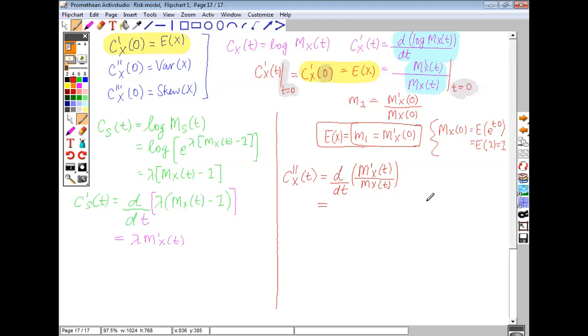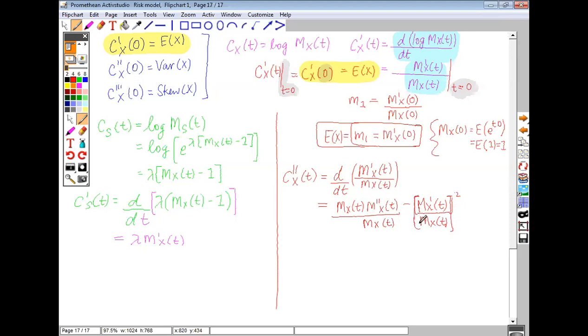It will be mxt into m double dash xt minus mx dash t the whole square, the whole upon mxt the whole square. Right. Everything will be divided by mxt the whole square. So here I can just forget this one mxt and I can write one mxt here, right? And here I can instead write mxt here and just extend these brackets.